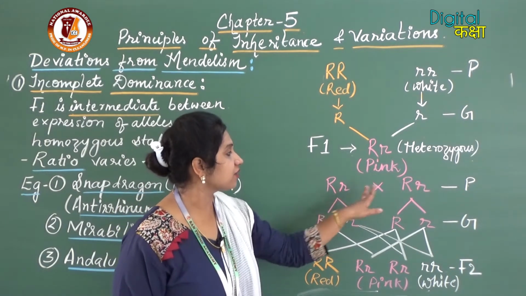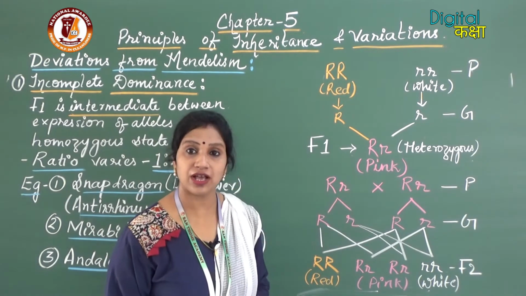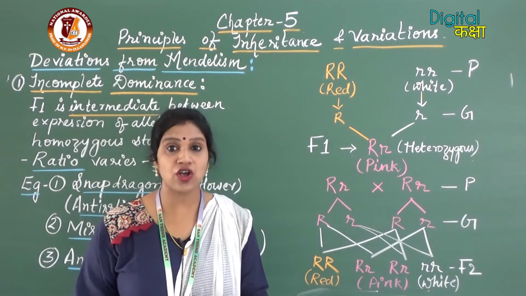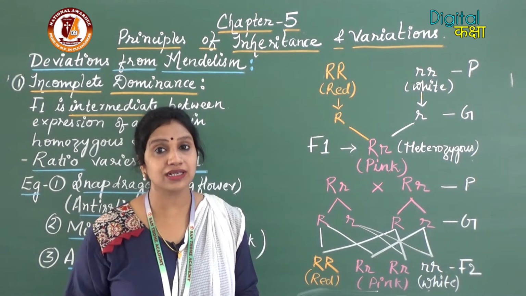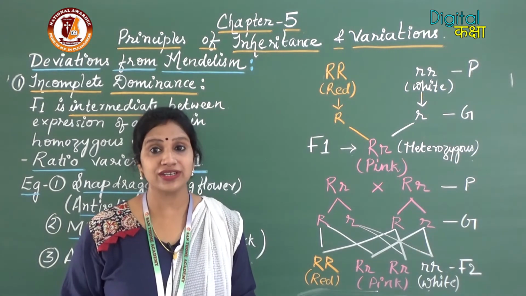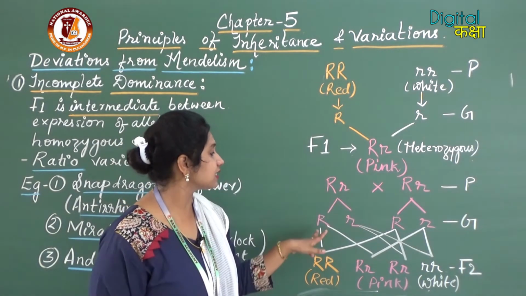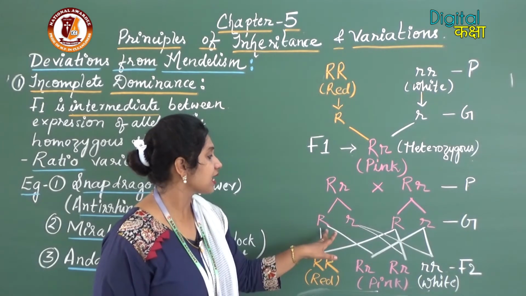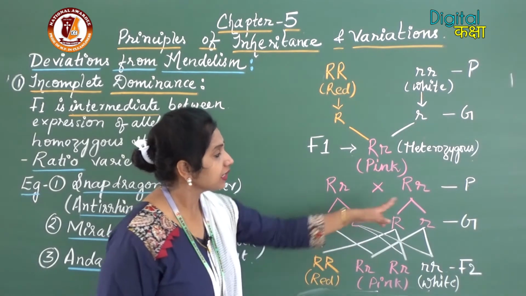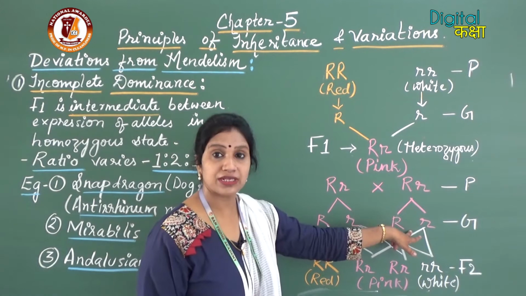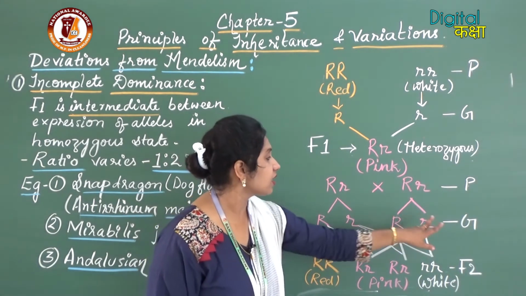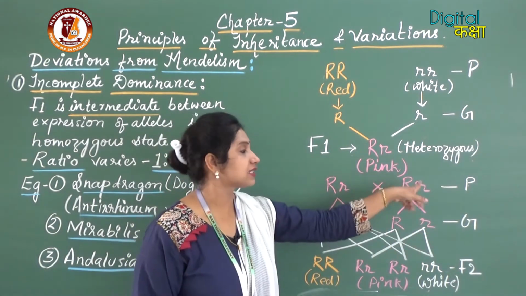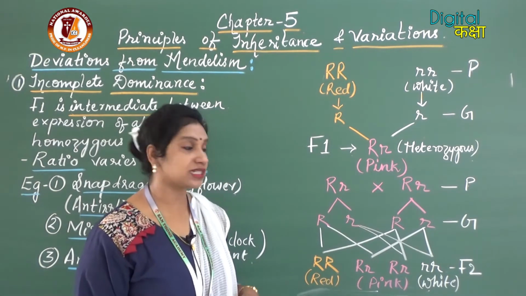Now when you self-cross the plants bearing pink flowers, the F1 generation, the gametes formed are capital R and small r. Here also the same type of gametes will be formed, capital R and small r. This F1 is in heterozygous condition.